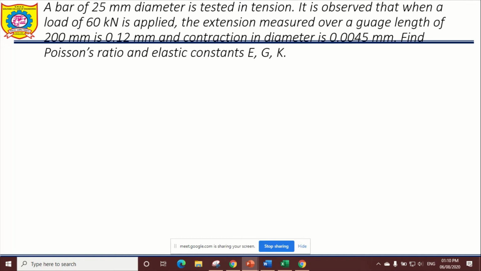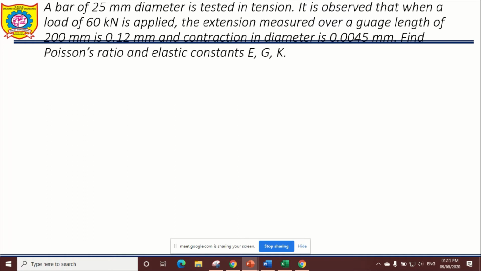A bar of 25 millimeter diameter is tested in a tension test. It is observed that when a load of 60 kilonewton is applied, the extension measured over a gauge length of 200 millimeter is 0.12 millimeter and a contraction in diameter is 0.0045 millimeter.